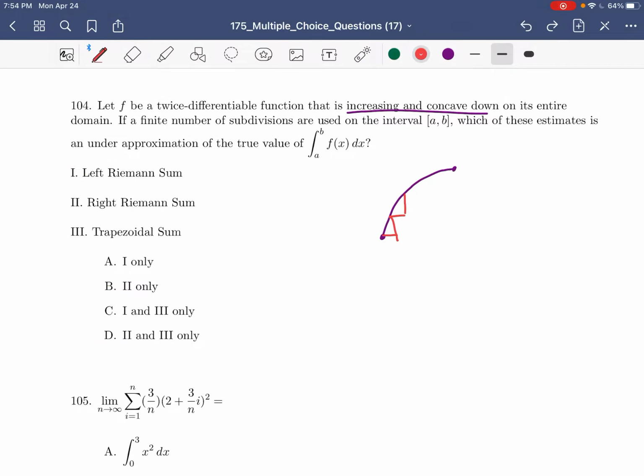Next, if I look at a right Riemann sum, let me erase all that. Again, it's 1. Drawing these lines, you can see those are an over approximation. So it's not 2.